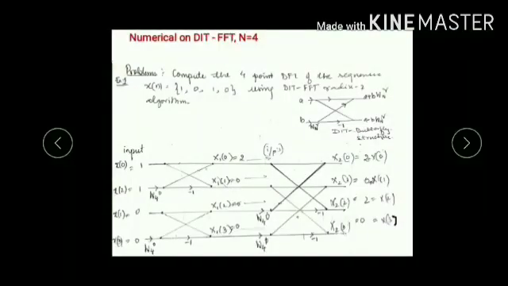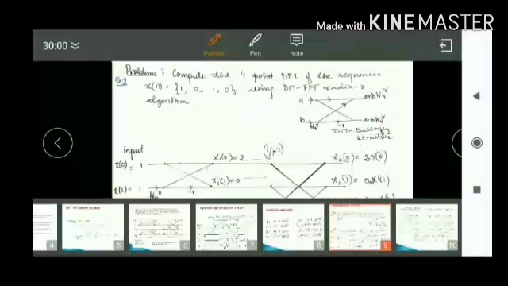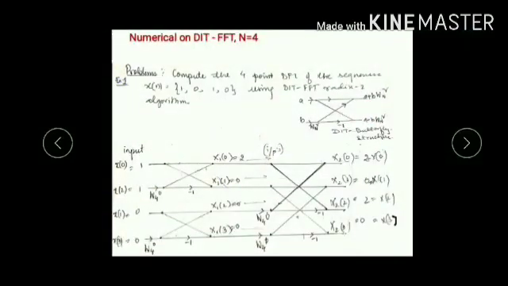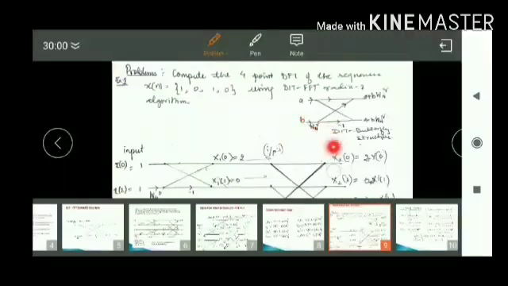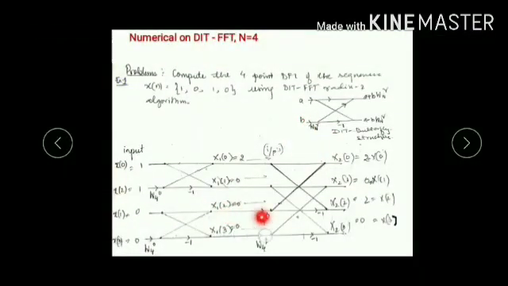So if I want to calculate x2 of 0, it is x1 of 0 plus x1 of 2 into W40. And this X part ends over at x2 of 2, so x2 of 2 is equal to x1 of 0 minus x1 of 2, and so on.